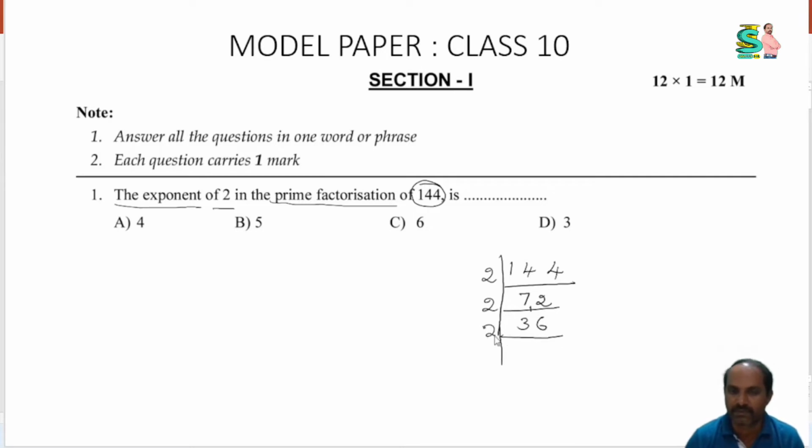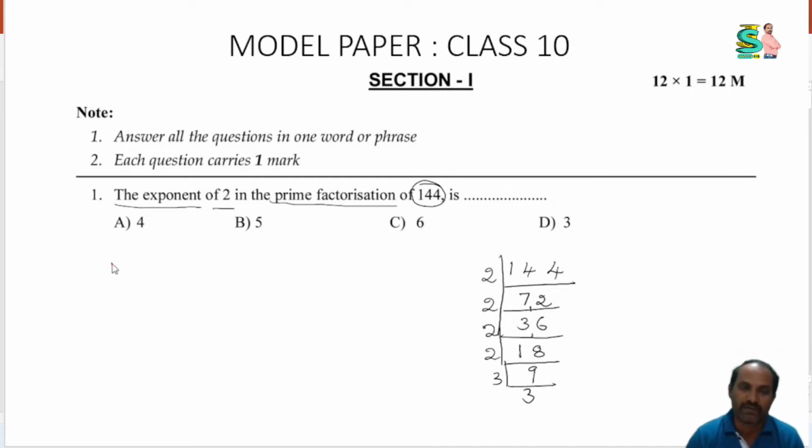Again an even number, so 2 1s are 2, 2 8s are 16, 2 9s are 18, and the last one, 3 3s are 9.